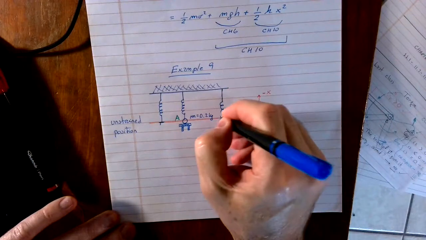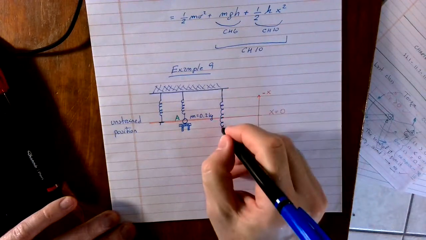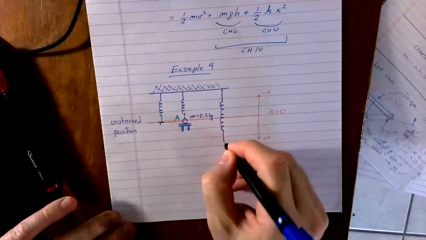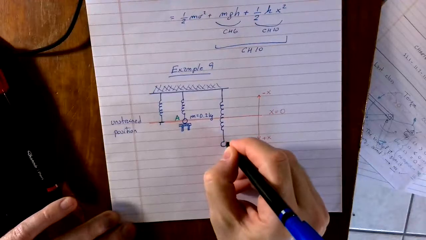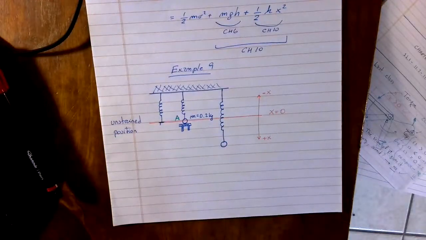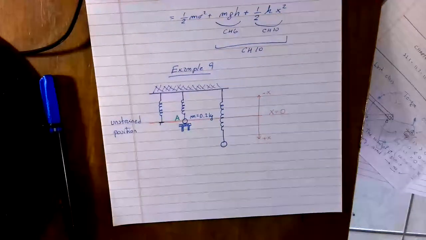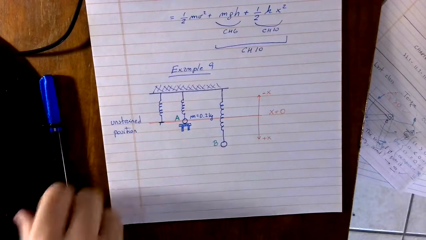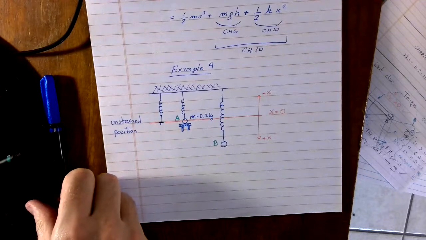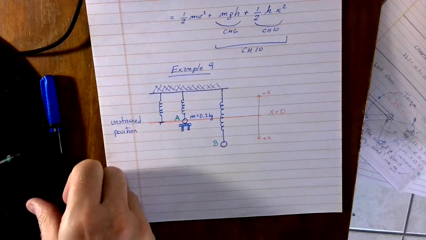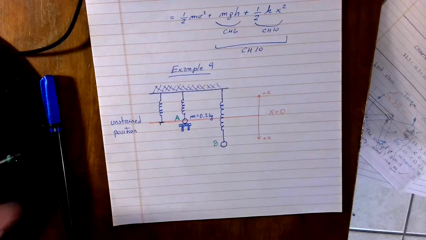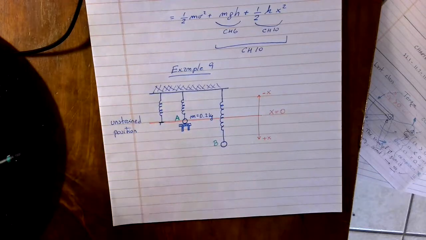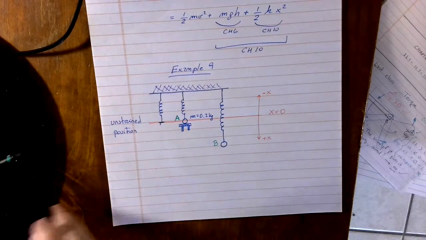Of course, it's going to go down like that, and it's going to go until some position that, in principle, I do not know. Let's call this position B, and that's actually what we want to find out. So that's all that is given.